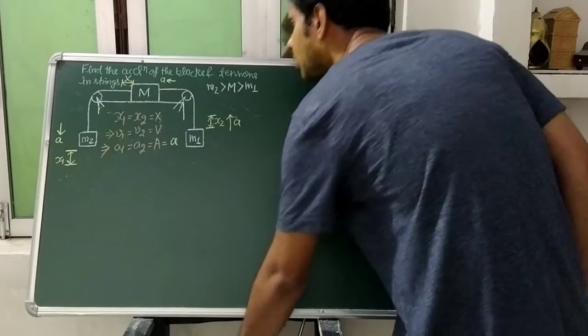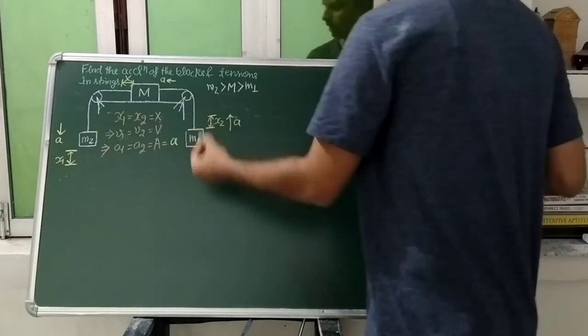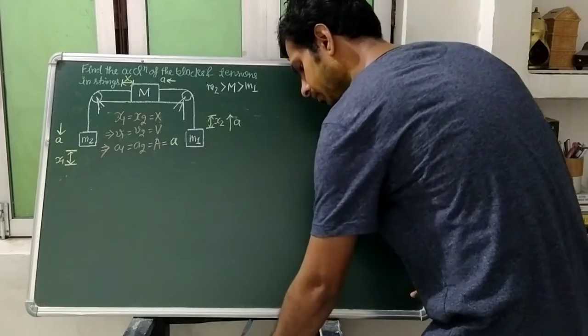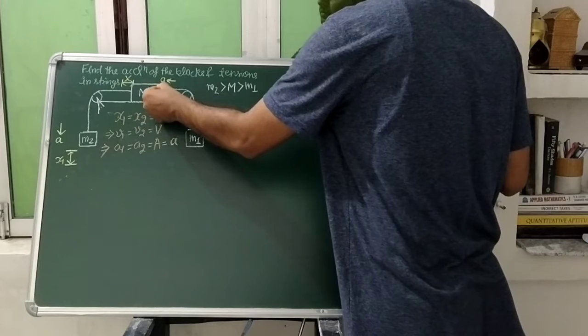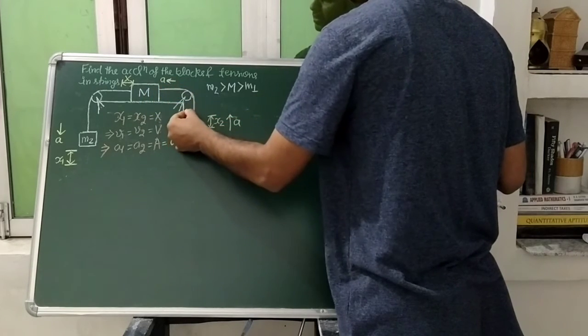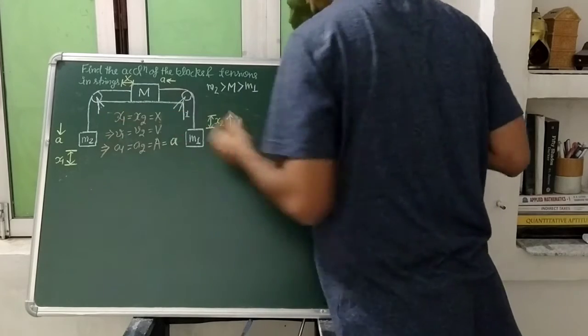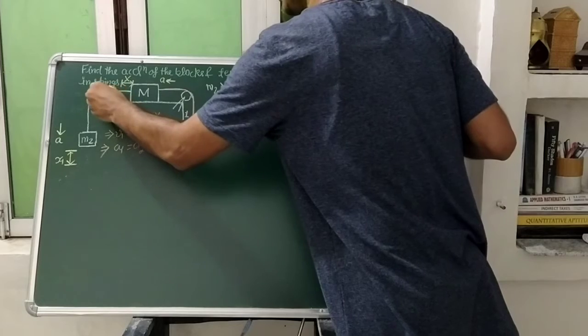Of course, now we will talk about the tensions. So this one is the first string present over here. We can name that as string 1. Here we are getting the second string.